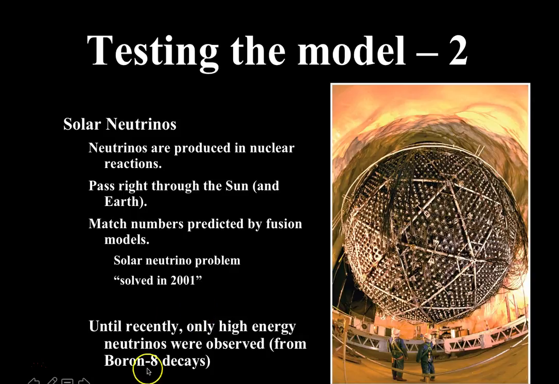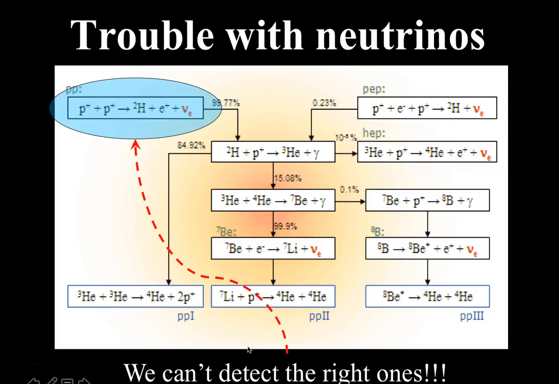Until recently, as I indicated here, we're only observing the high energy neutrinos. These are the ones that we want to observe, the ones where the two protons come together and form deuterium, the positron and the neutrino. It's from these that we really want to detect the neutrinos, and we can't yet.